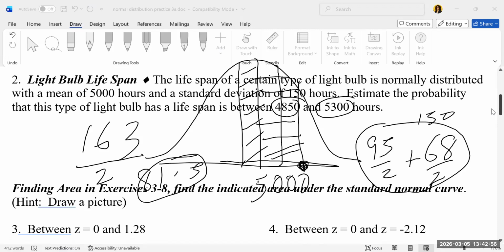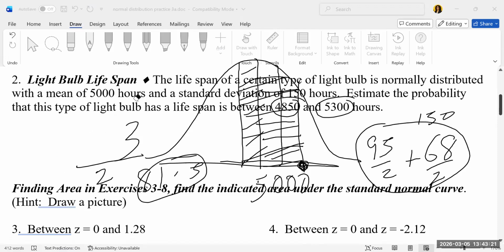Therefore the area between here and here is 81.5%. So we use the empirical rule. It does not work all the time; the empirical rule may not work sometimes.